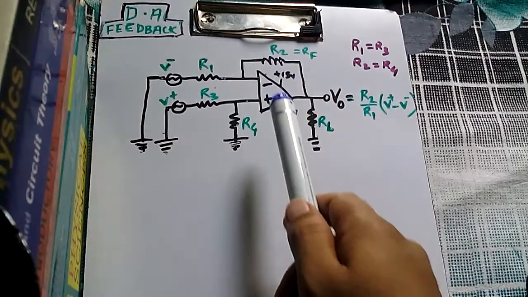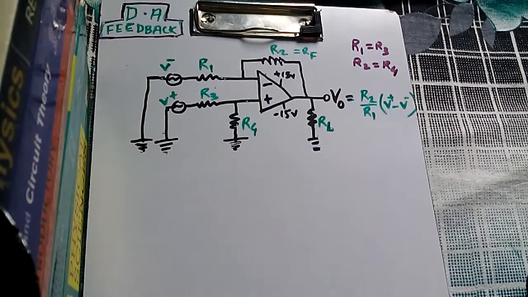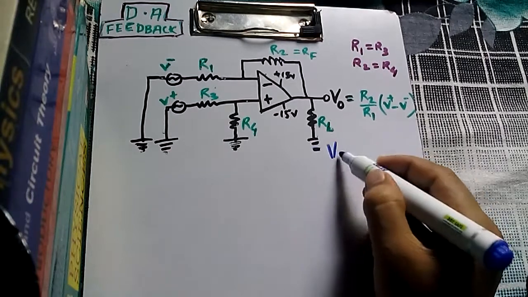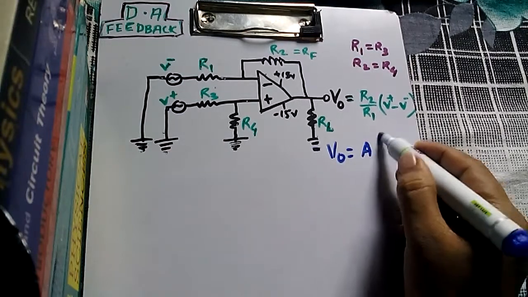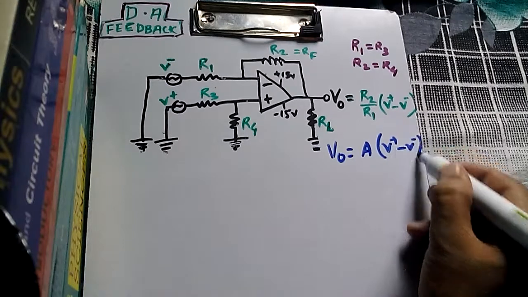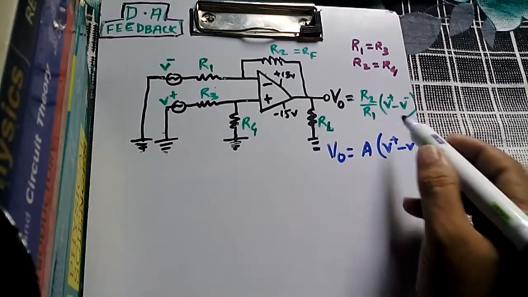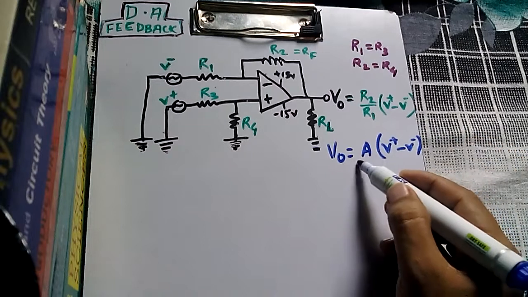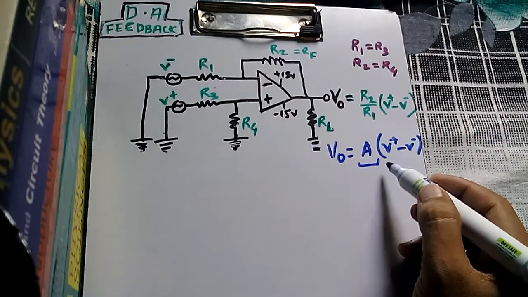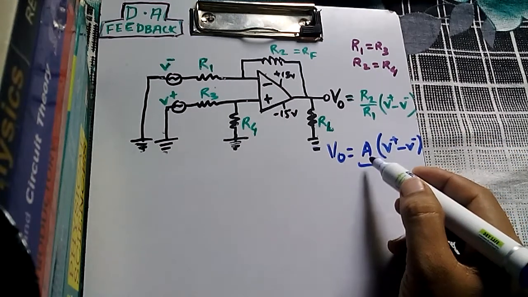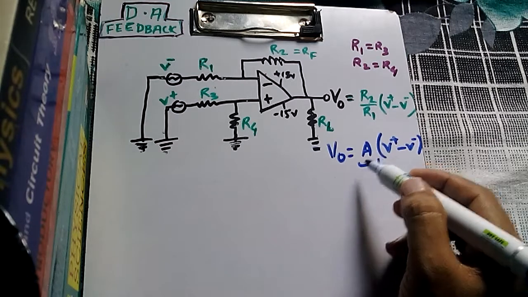But for the same differential amplifier, if you don't use any feedback circuit, that means open loop, what is the output? We saw in the last video, A times (V plus minus V minus). Again, the difference of inputs is amplified, similar to this. But look at the gain now. It is huge, of the order of 10 to the 5 to 10 to the 6, and you cannot change it.